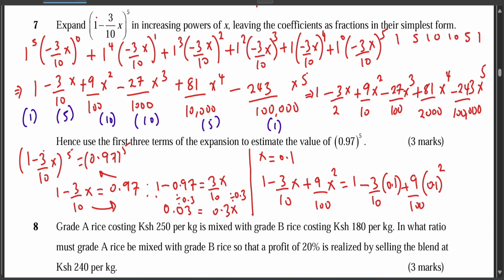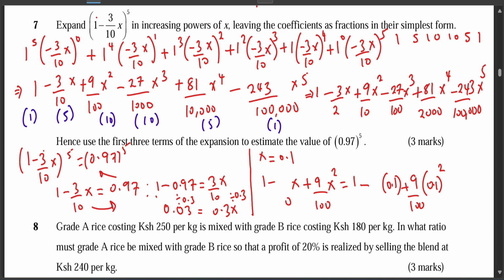And the answer will be what? 3/10 times 0.1 plus 9/100 times 0.1 squared gives you around 0.9709, which is not the answer. What's the problem? This is not the answer because I made a mistake somewhere. I took the wrong one.